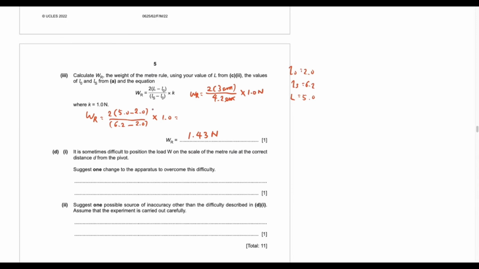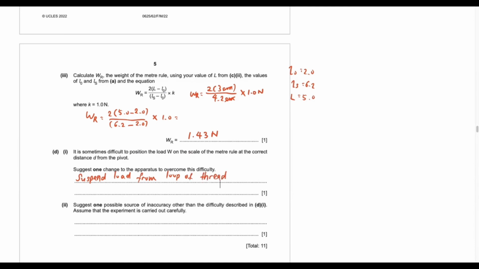For example, you can suspend the load from a loop of thread.